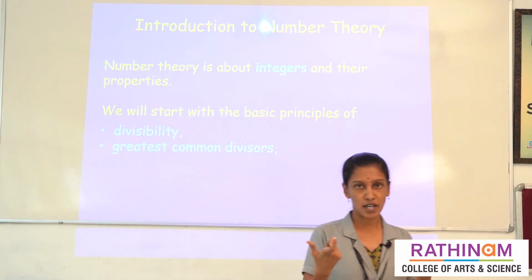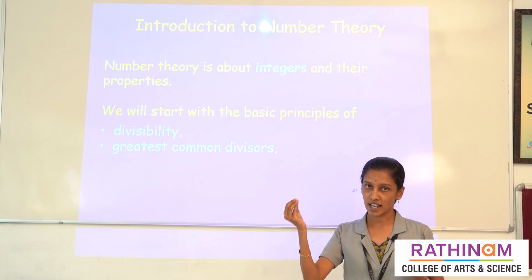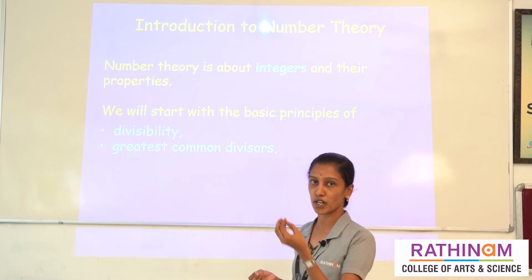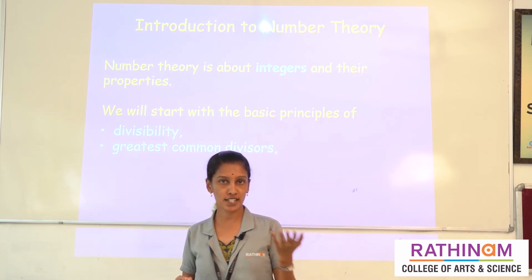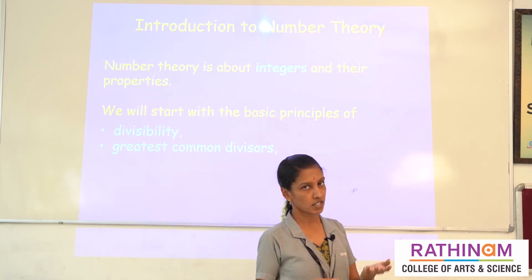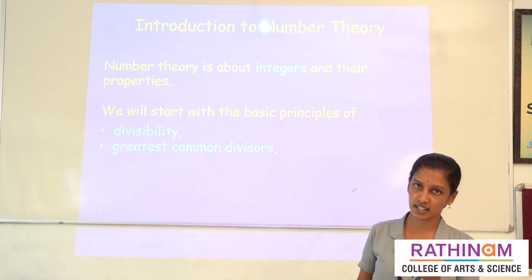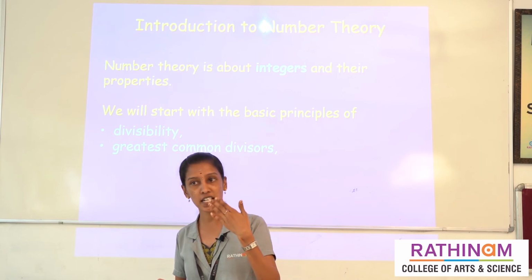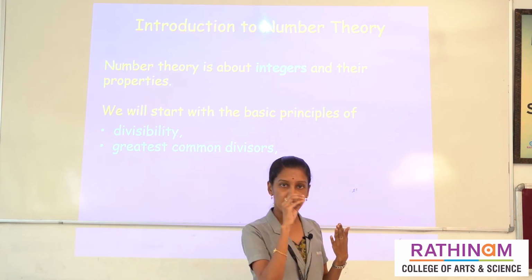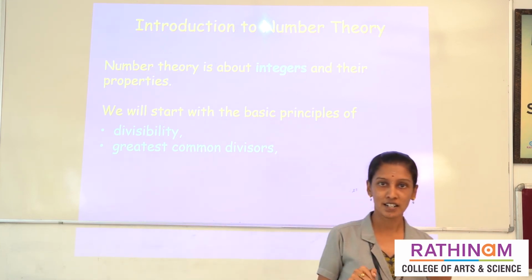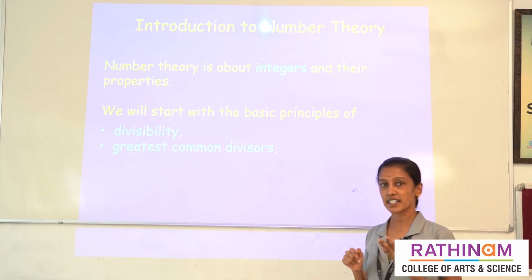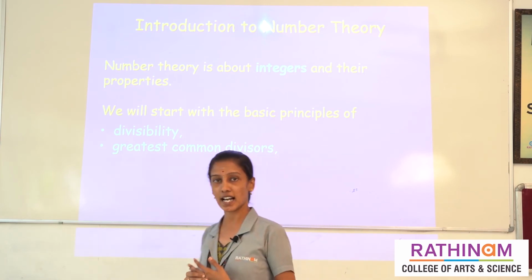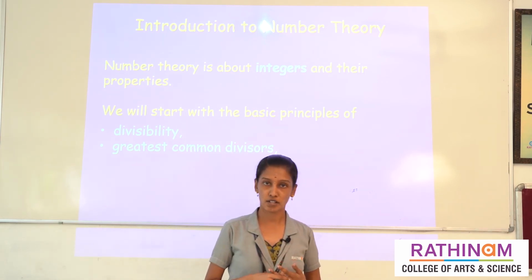For 12 we have the divisors 1, 3, 4 and 12. For 24 we have 1, 3, 4, 6, 12 and 24 as well. When I compare the divisors of these two numbers, the greatest common one, that is 12, is called the greatest common divisor of 12 and 24. Likewise we can calculate the GCD for higher numbers also.